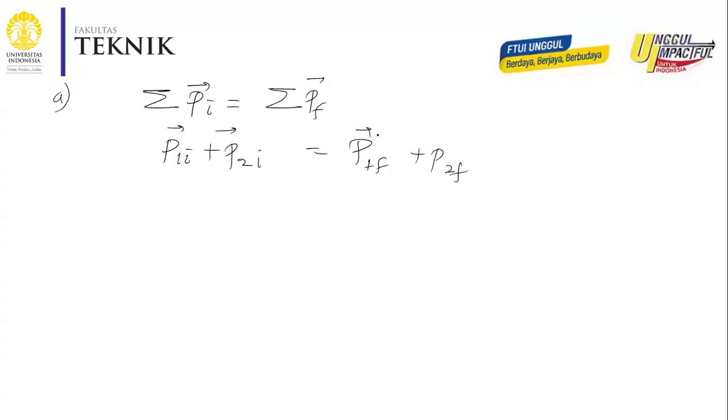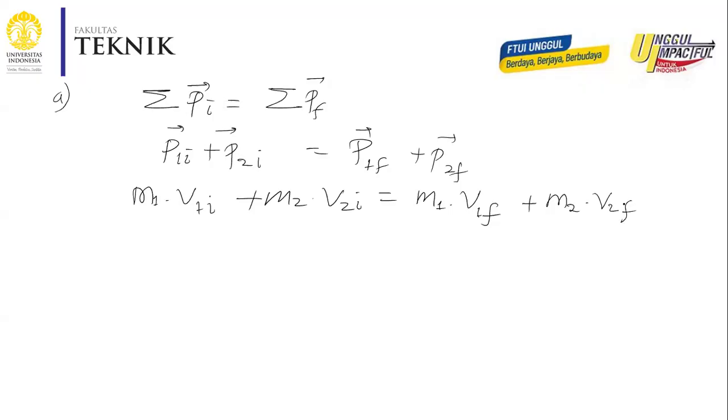So this becomes mass 1 V1I plus mass 2 V2I equal to mass 1 V1 final plus M2 V2 final. Since particle 2 is initially at rest, its initial momentum will be 0.